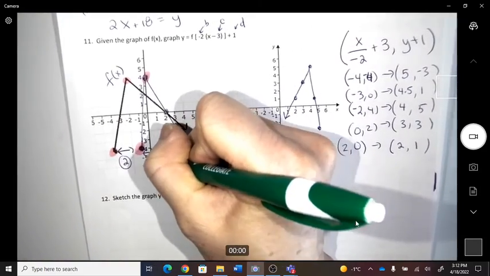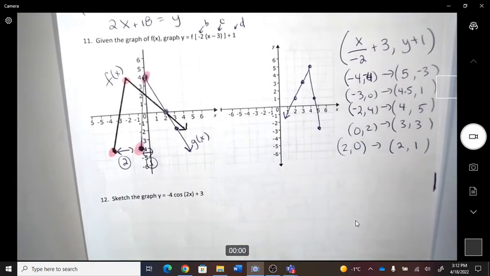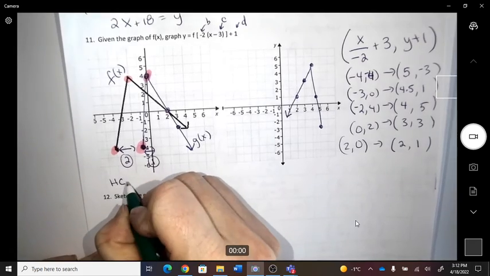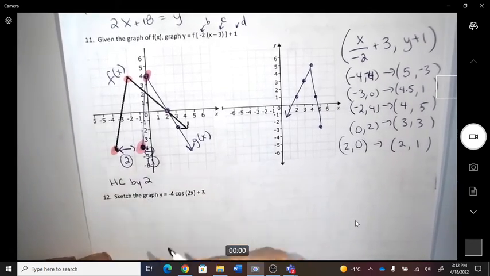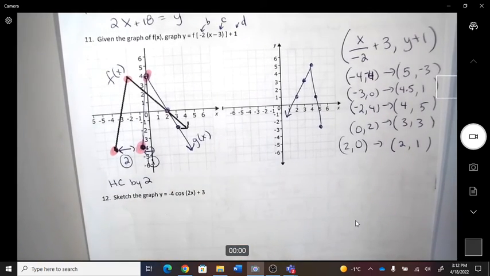Here they're 2 apart and here they're 1 apart. So what did I do? I horizontally compressed by 2. I got the same answer, but I didn't do that. I just looked at both the graphs and realized that one was half of the other. So that's what I did.